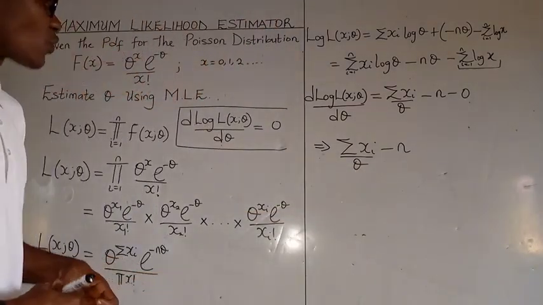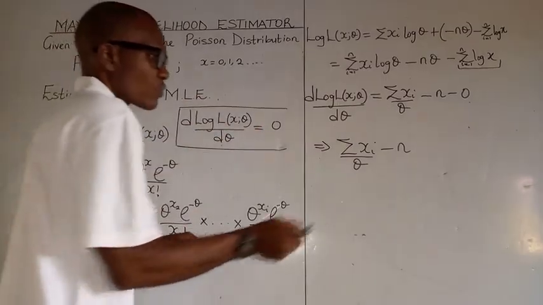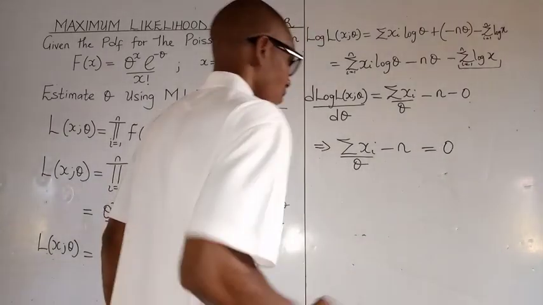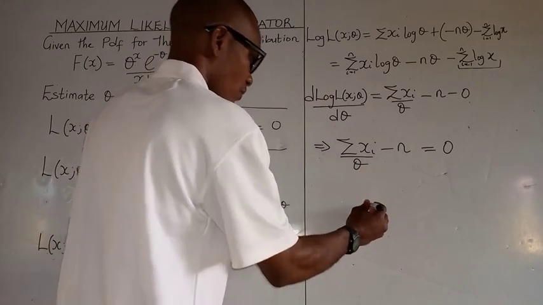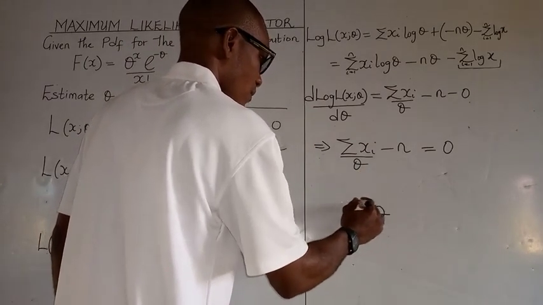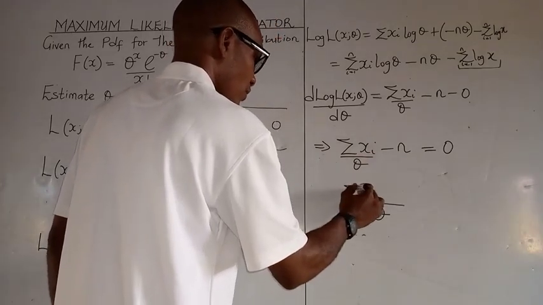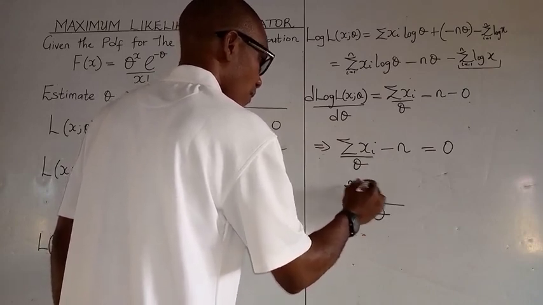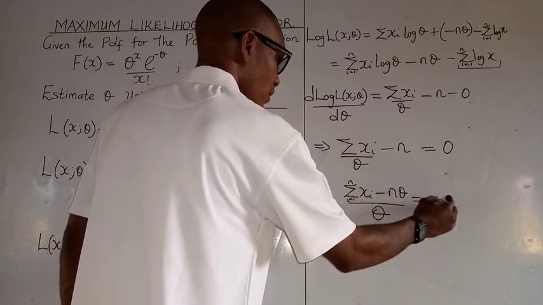Like we said, the solution is when we equate everything to 0. So we equate this to 0. If we equate this to 0, we get this. So all we need to do is to take the LCM, which gives theta all over this, multiplied by this, we have summation of xi minus n theta is equal to 0.